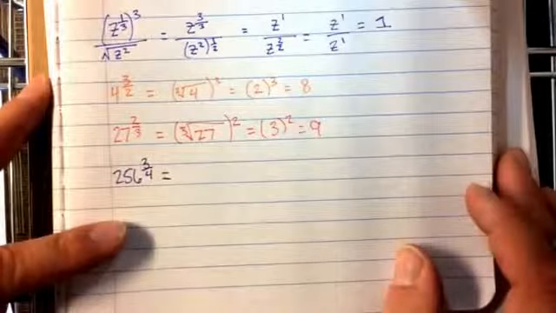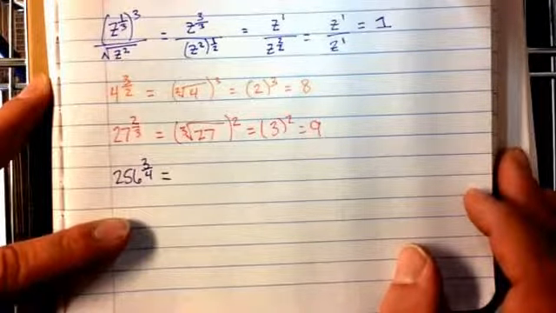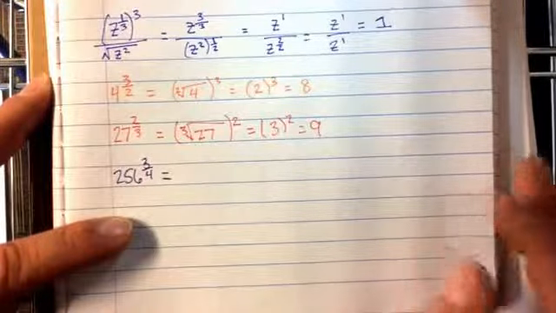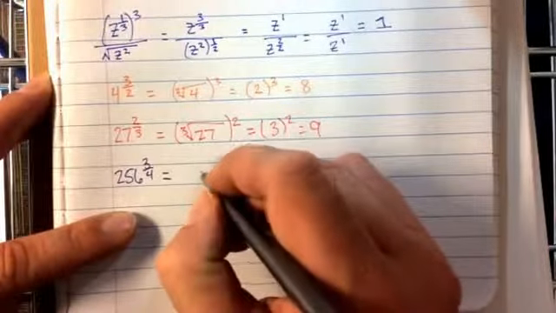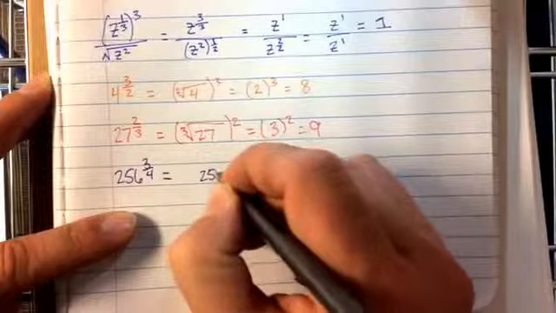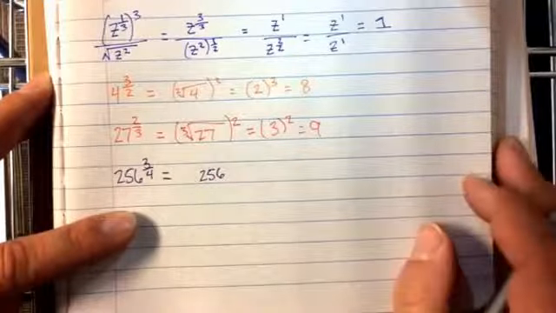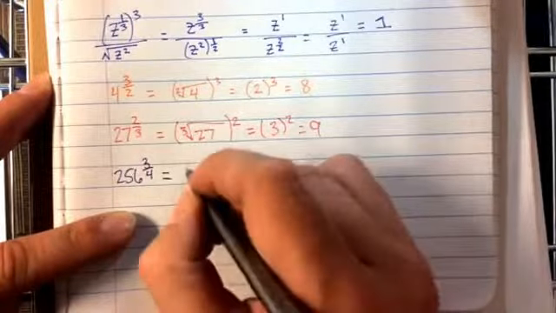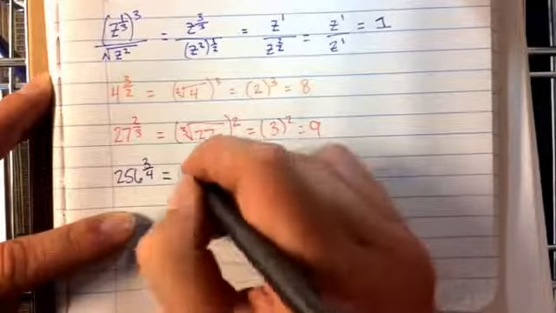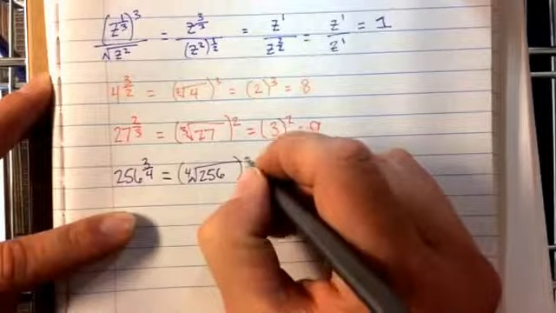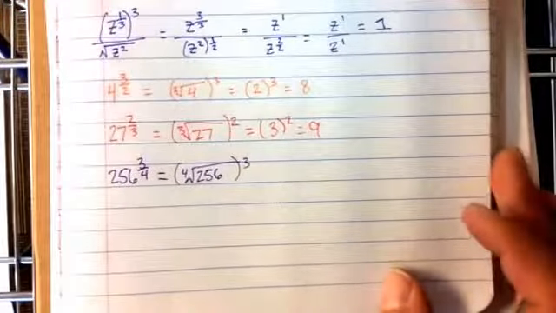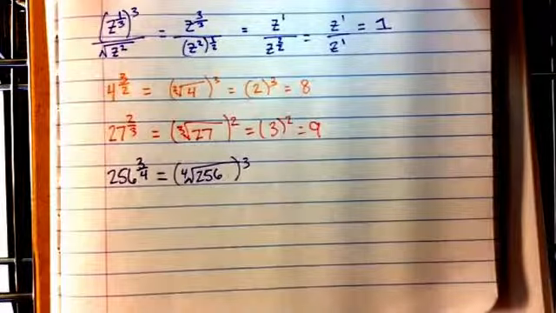How can we change that? Keegan? So off the top of our heads, do we know what the 4th root of 256 is without using our calculators?